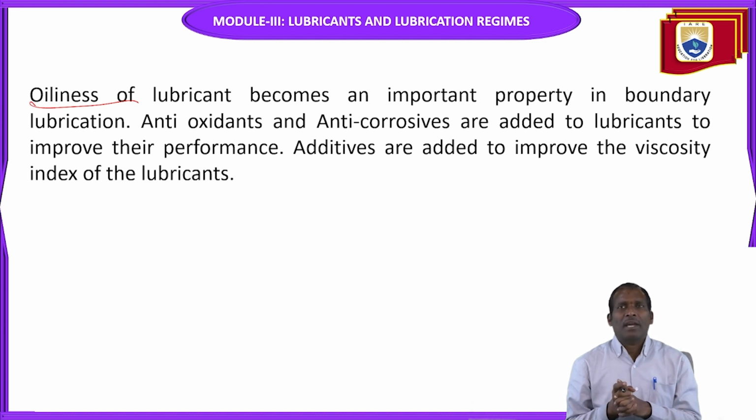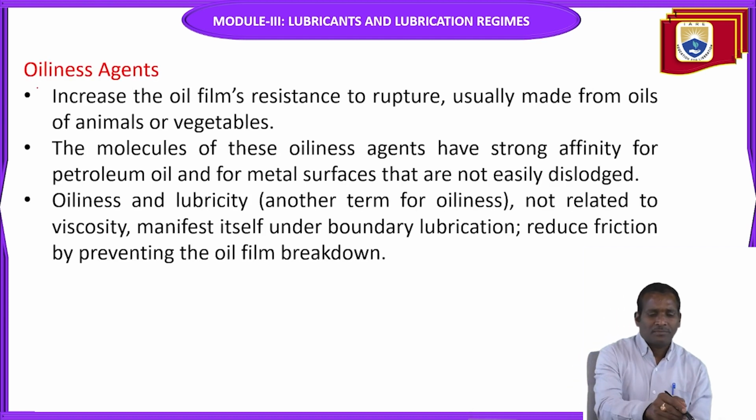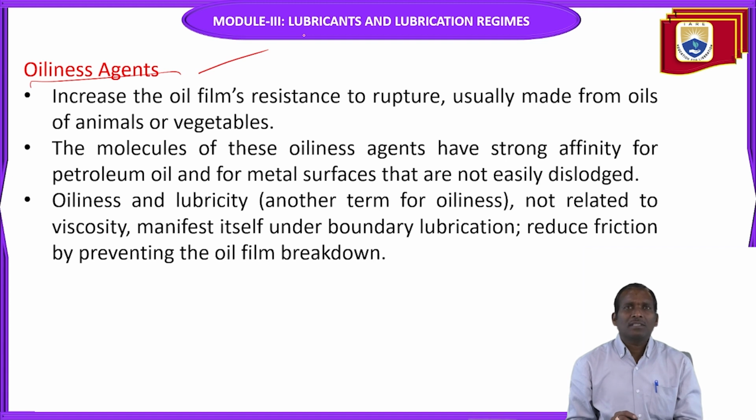Additives are also added to improve the viscosity index of the lubricant. Next, the oiliness agents. Oiliness agents increase the oil film's resistance to rupture and are usually made from animal or vegetable oils.